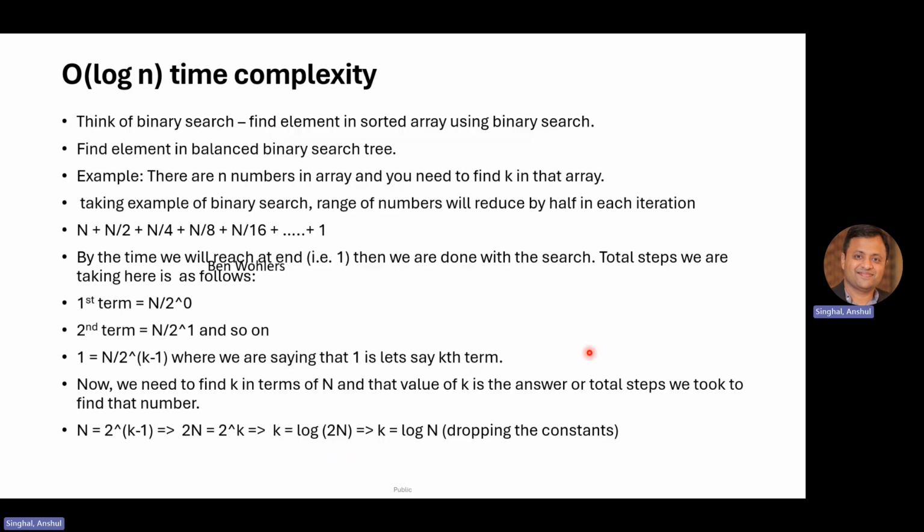I think I will take one more example. Let's go back to what we said here. Log n time complexity, you can think of binary search, where we find an element in a sorted array. It's just the same calculation, how we are evaluating the time complexity, which is coming as log n.